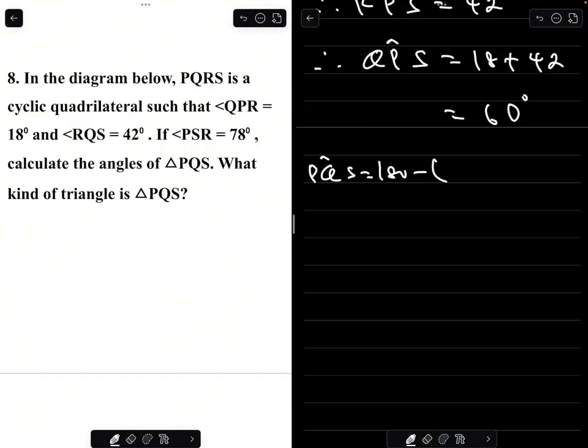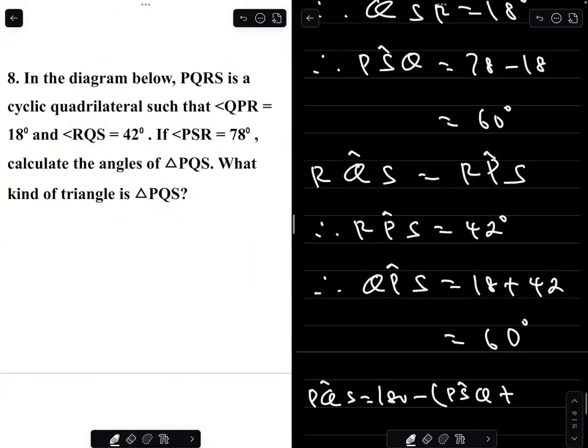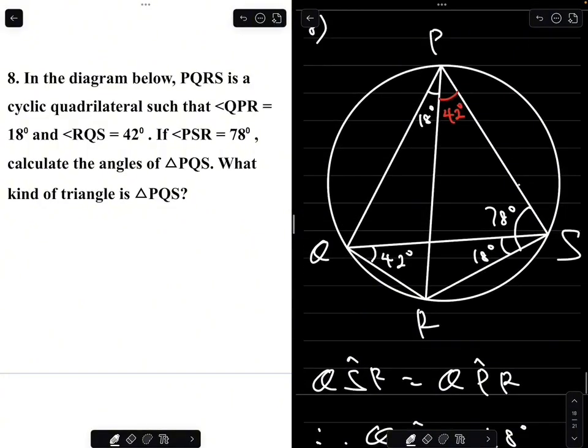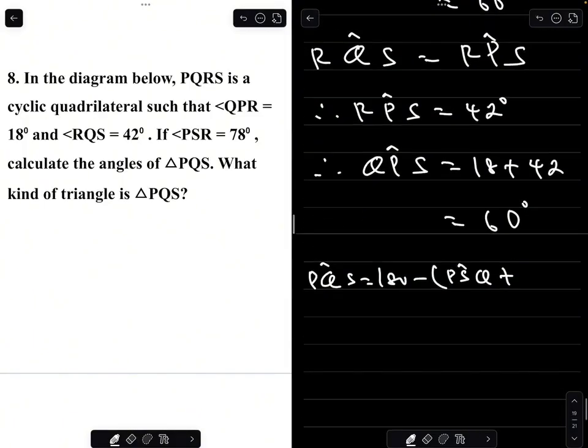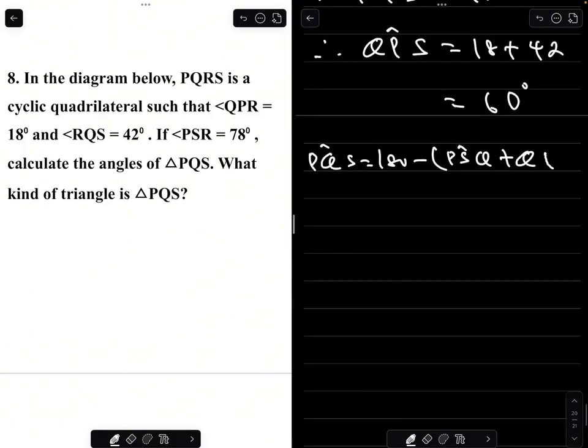Angle PQS is equal to 180 minus angle PSQ, which is this, plus angle QPS, which is this.